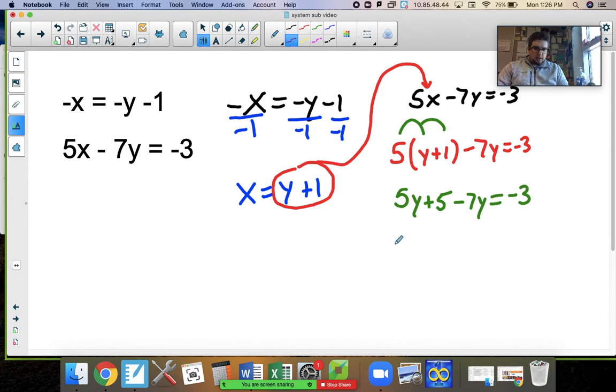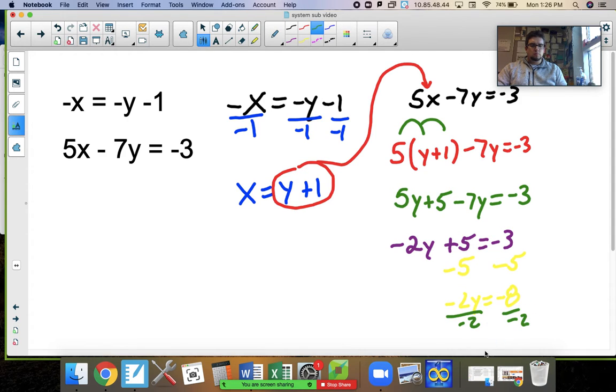I'm going to combine my like terms. I'm going to subtract 5 from both sides. I then divide by -2, and y equals 4.